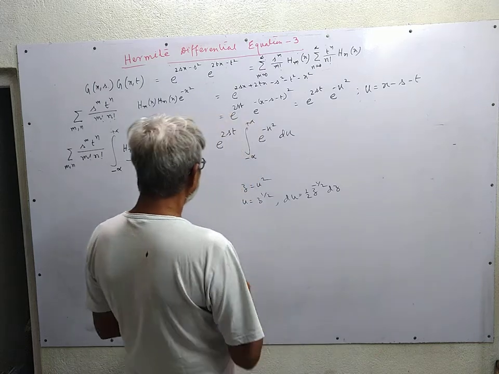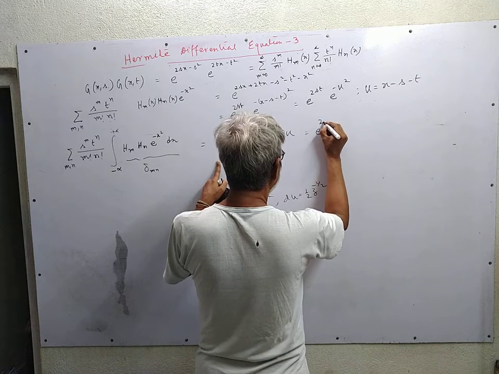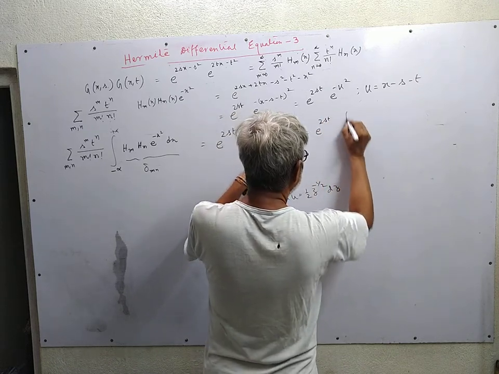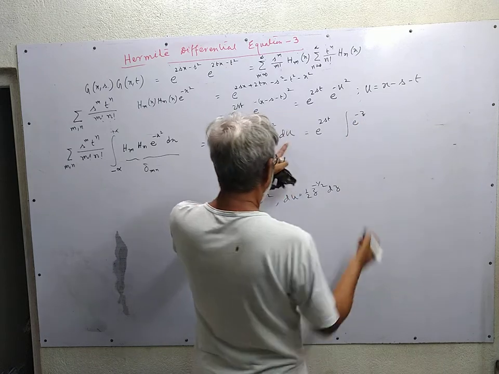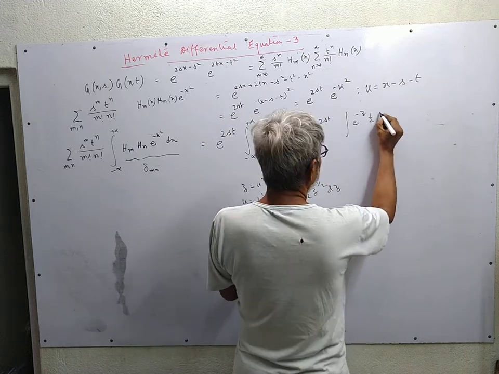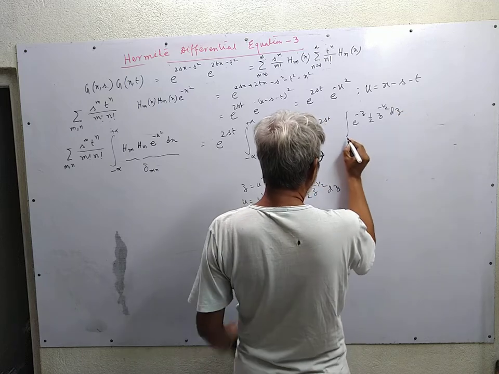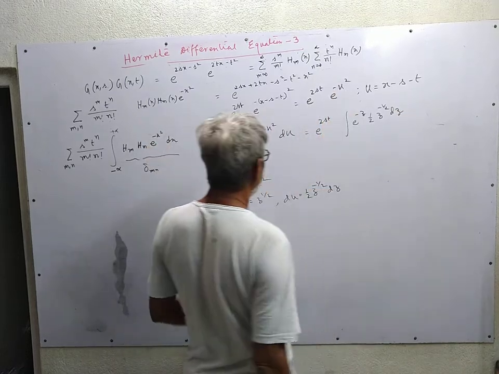So this can be written as e to the power 2st, e to the power minus z, and for du we write half z to the power minus half dz, and the integration was from minus infinity to plus infinity.